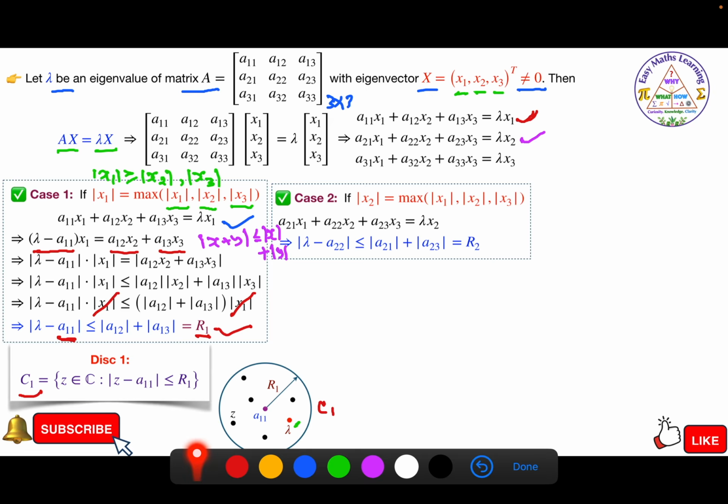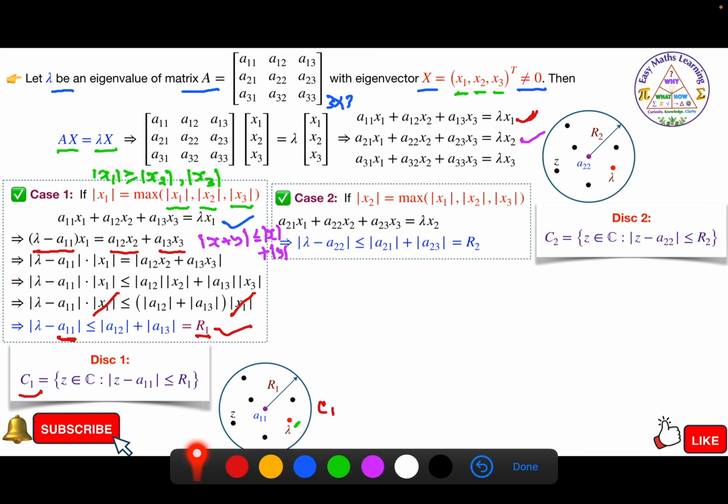This gives the second disk that we denote by C2, with center a22 and radius R2. This is the second disk, center is a22 and this is the radius, and lambda is inside this disk C2.